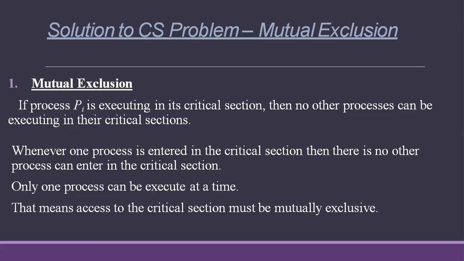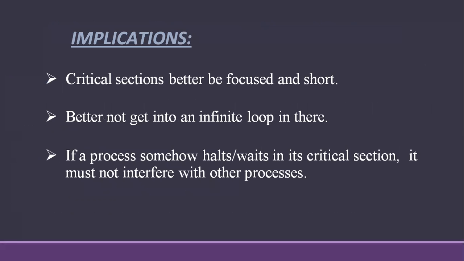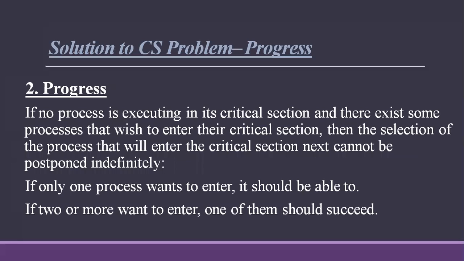Only one process can be executed at a time. That means the other processes are not allowed to access the critical section, and this situation is known as mutual exclusion. With the help of mutual exclusion, the critical section can be better focused and easily used, and no infinite loop will be there. And if a process somehow halts or waits in its critical section, it must not interfere with the other processes.